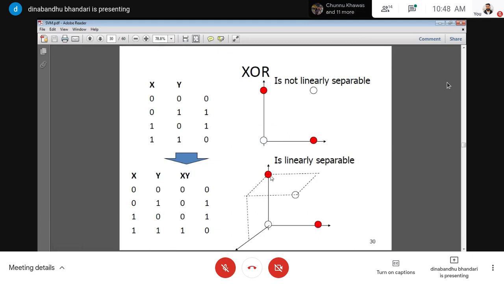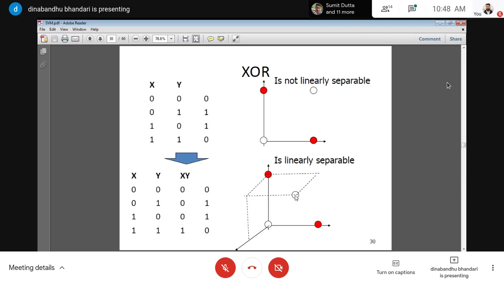Now 1, 0, earlier we had 1, 0, now it becomes 1, 0, 0, with no Z3 component. Now the last point, 1, 1. Earlier the point was somewhere here. Now this axis is Z3, so this point moves to this place.